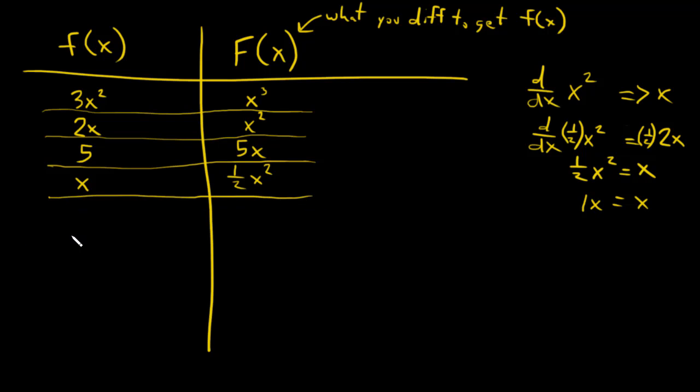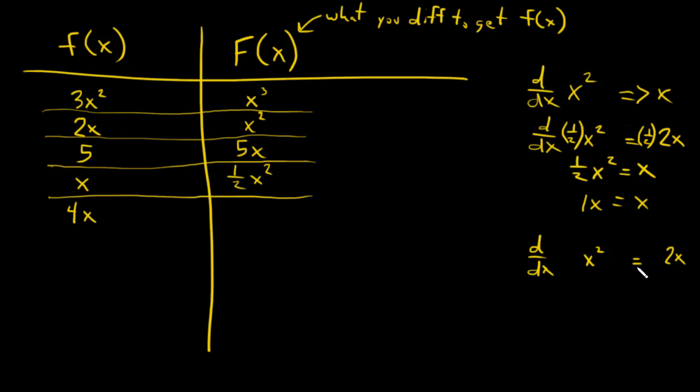Okay? What would I have to differentiate if I had 5x? Well, if I differentiate x squared, that gives me, let me go 4x. I really don't want to do an odd fraction. Change that to 4x. Okay, so that would be 2x.